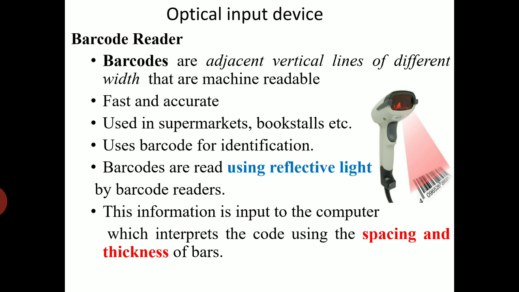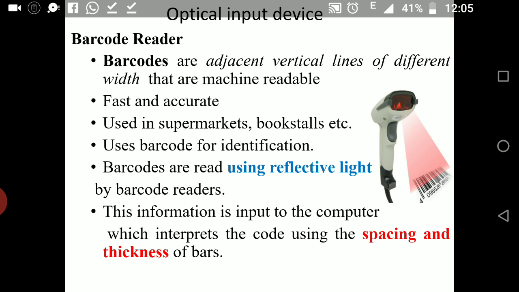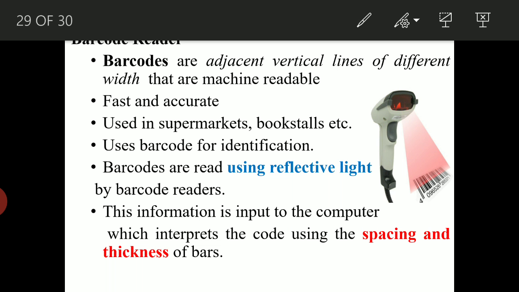Next is barcode reader. Here also the basic principle is light itself. Barcodes have vertical lines with different thickness and spacing.